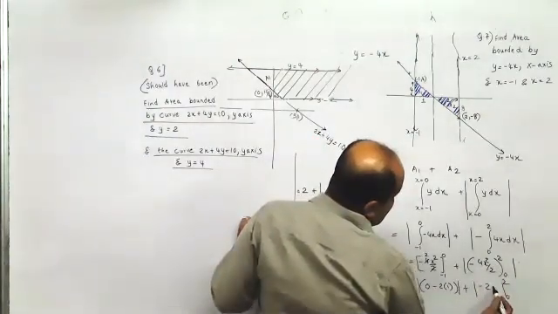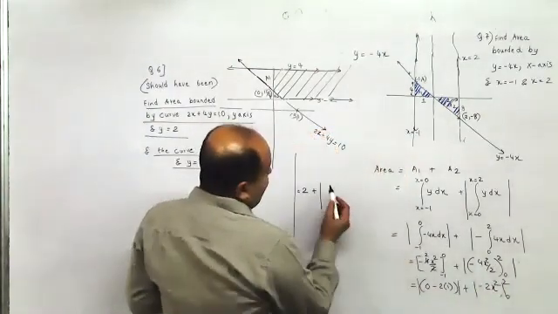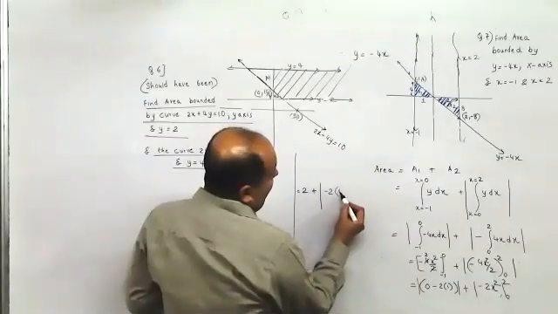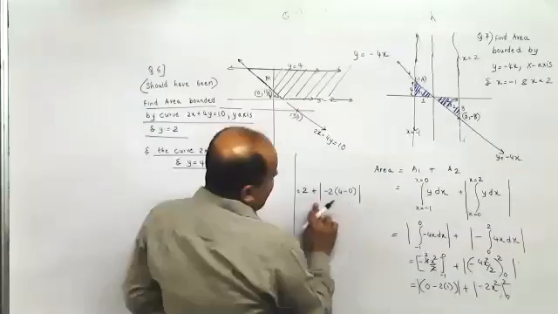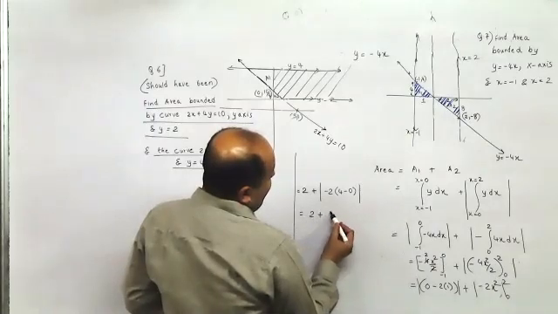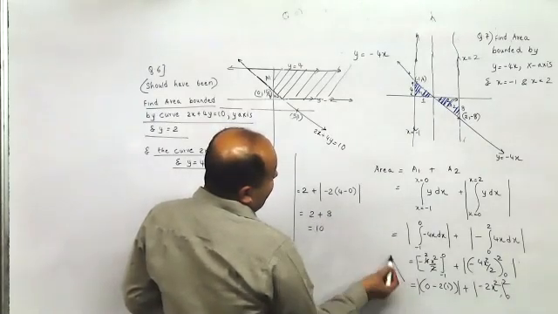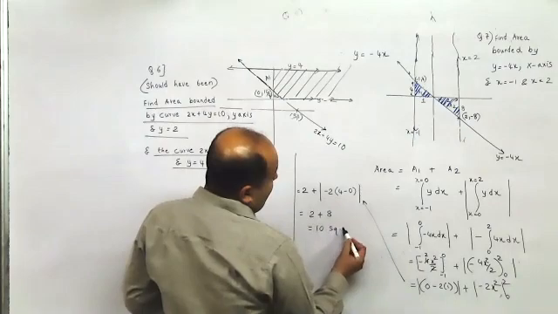This should be minus 2x square between 0 and 2. So this should be minus 2 into 4 minus 0. So this would be 2 plus 8, and this would be 10 square units.